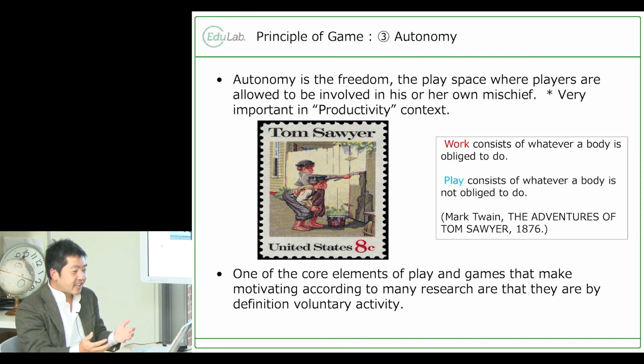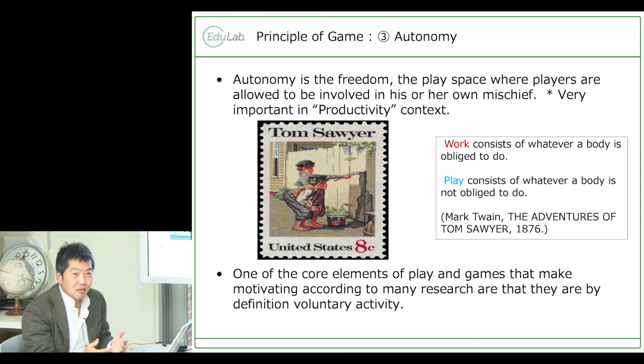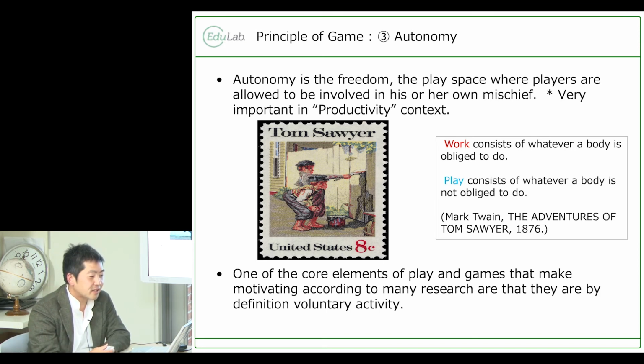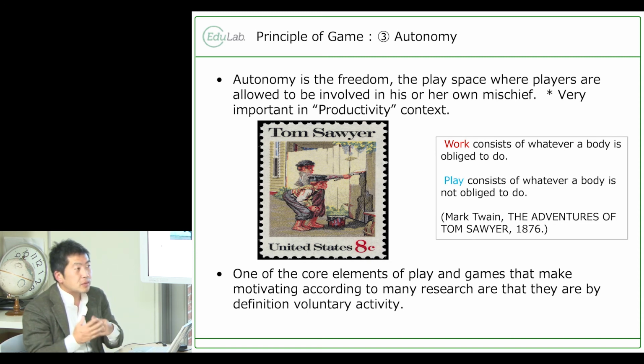So not only did he gain money, he was able to have his friend do his job in the end. What this describes is that autonomy requires willingness. You're willing to do things. Work consists of whatever a body is obliged to do, but under optimal conditions, it has to be play, where you are willing to do it.